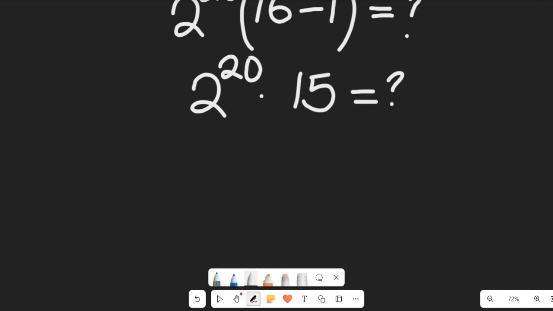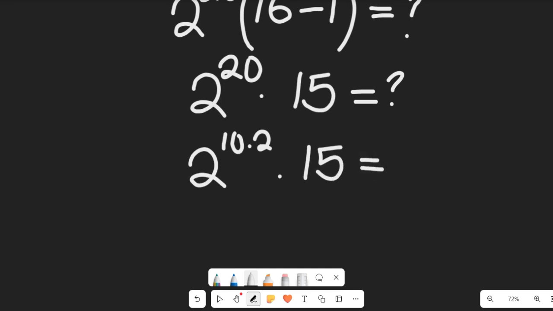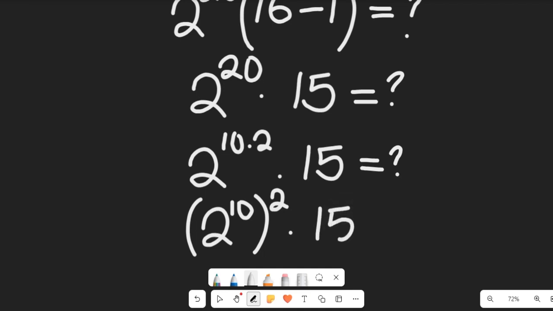So I'm going to simplify this to give us 2 to the power of 10, all to the power of 2, multiplying 15. The law of indices permits me to take the index in like that, and this will be equal to what?